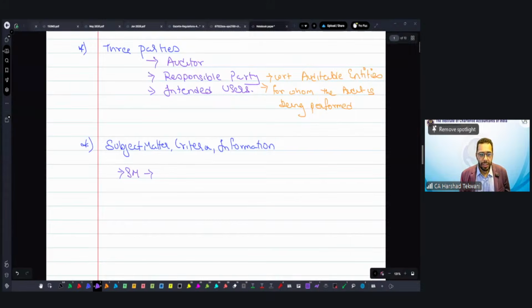Yes or no? So in case of a financial audit, the subject matter is nothing but your financial statements. Correct? Okay. Now, subject matter is, let's say, the thing which is being audited.